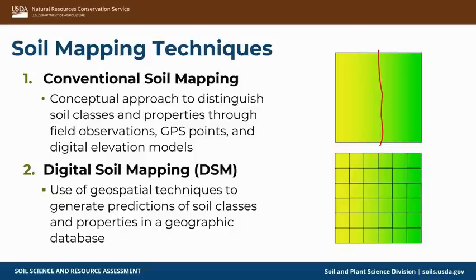This is all raster based. The two blocks on the right give you an idea of the difference between conventional and DSM mapping, one being way more about the transitional zone. You're trying to figure out where you would place that boundary in a vector sense, and DSM is using raster and assigning values to each individual cell.